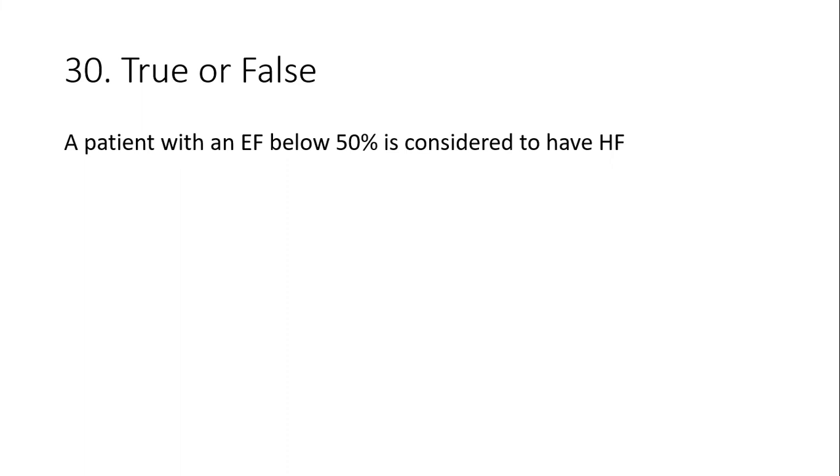Okay, true or false? A patient with an ejection fraction below 50% is considered to have heart failure. False. I think it's below 40. I think you're right, but for the sake of this question, 50 to 70 is normal.